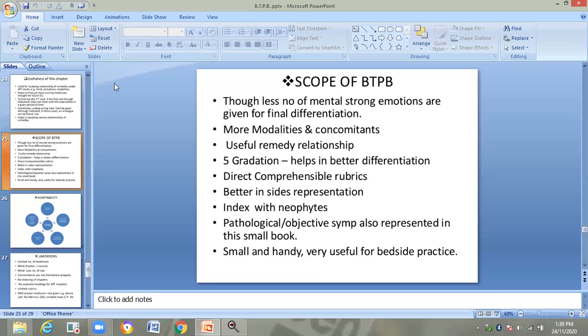Also, pathological or objective symptoms we found in this small repertory, this small book. It is very small and handy and very useful for bedside practice.